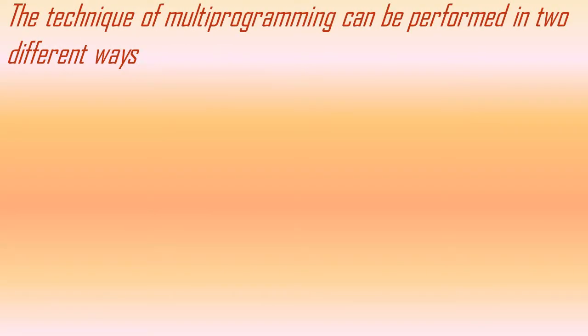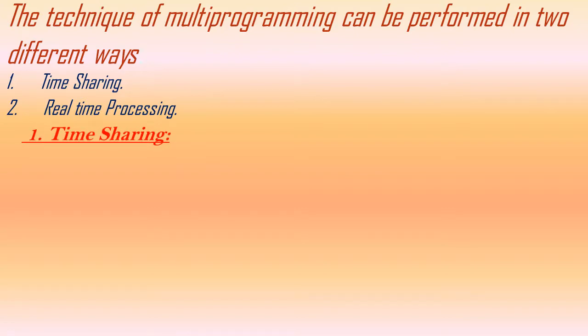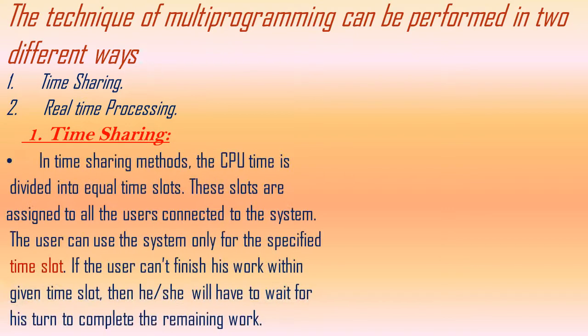The technique of multiprogramming can be performed in two different ways. First one, time sharing. Second one, real-time processing. Let us see the meaning of time sharing. In the time sharing method, the CPU time is divided into equal time slots.